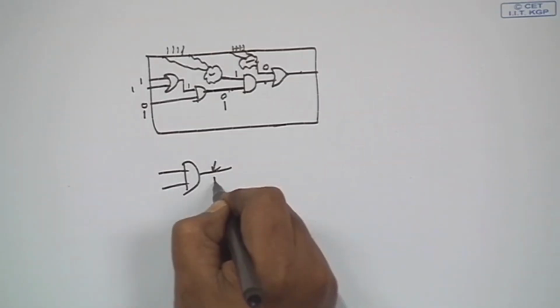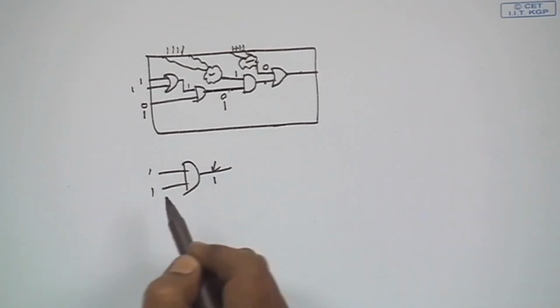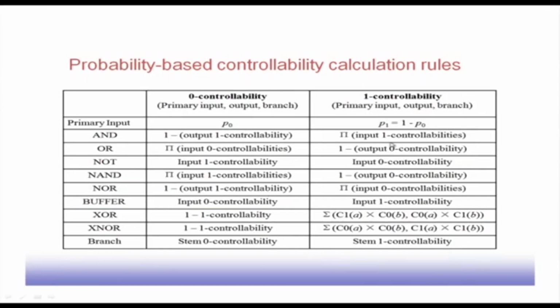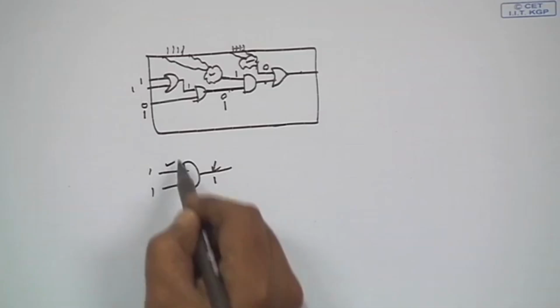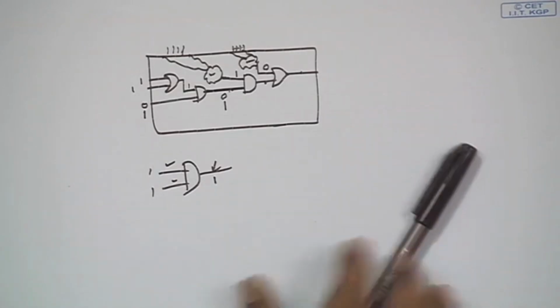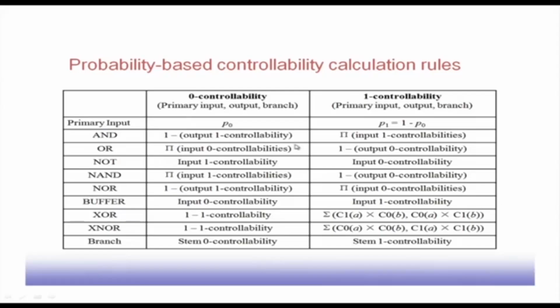If I want to get a 1 at this point, I have to make both inputs 1. So, the 1 controllability of an AND gate is the product of the input 1 controllabilities. You take the product, and that will be the 1 controllability for the output, and the AND gate's 0 controllability is naturally 1 minus the output 1 controllability.